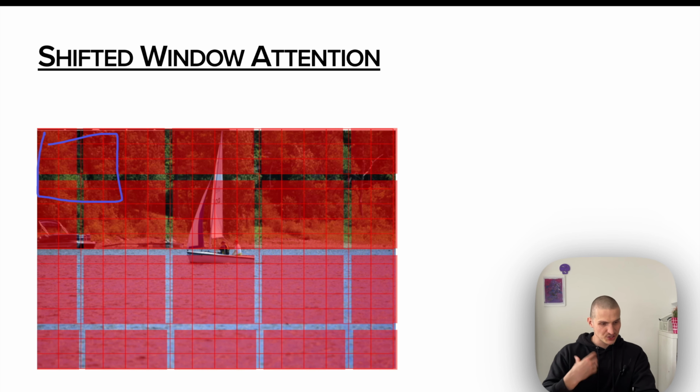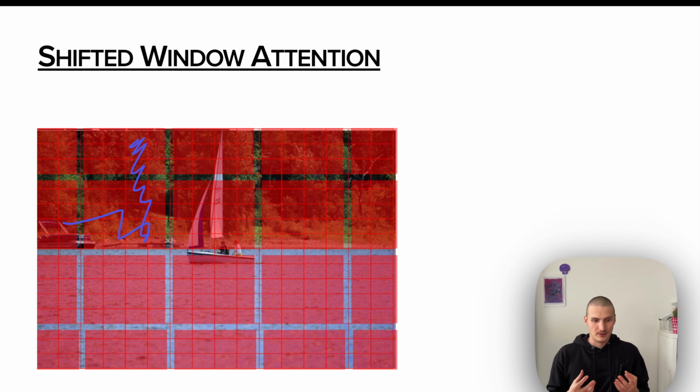And then after the shift, the same information will flow half a window size outwards. And so if you continue the process, it will keep flowing and flowing and flowing, effectively allowing the logic of the neural network to cover more and more area.